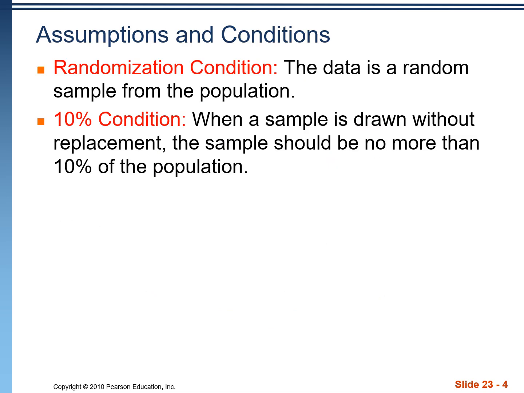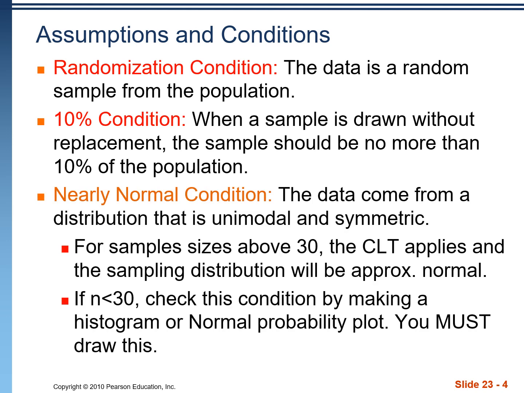Now the good news is, other than identifying a problem as a t-distribution problem, they're really similar. Assumptions and conditions: randomization, 10%. You may remember back from Chapter 18, we can't check success-fail because we no longer have a proportion, so instead we check the nearly normal condition.